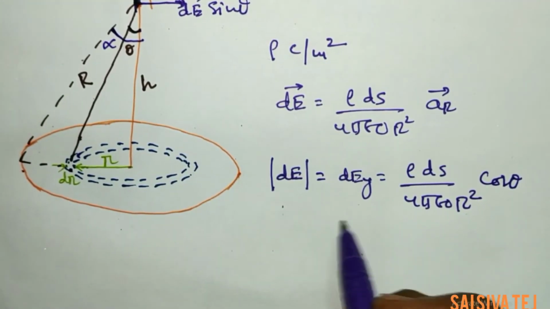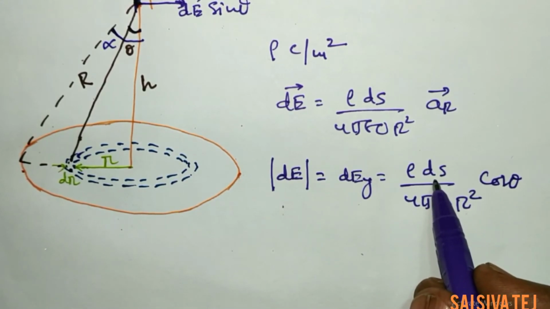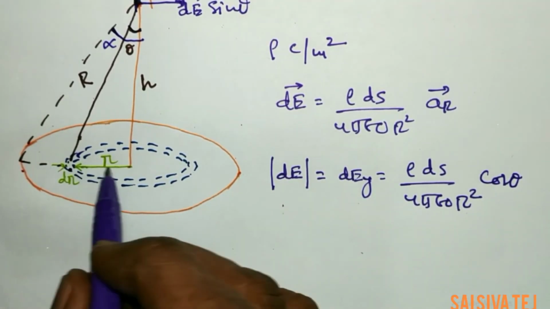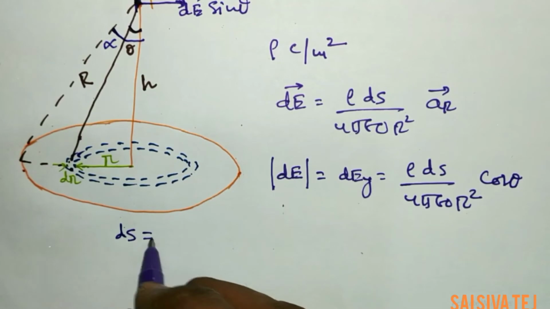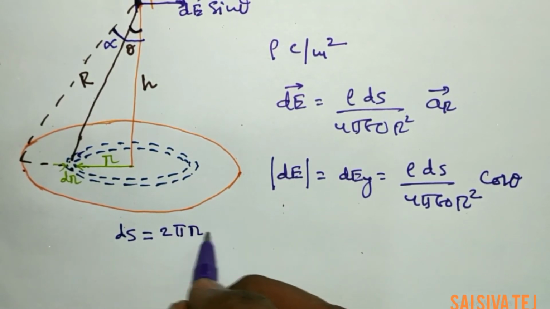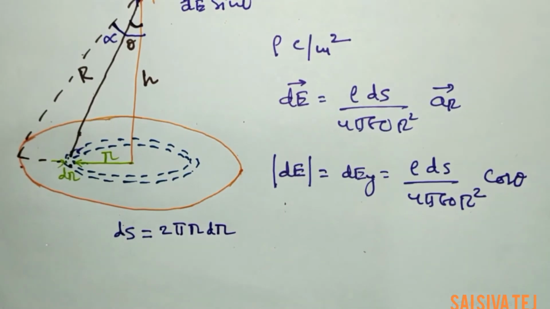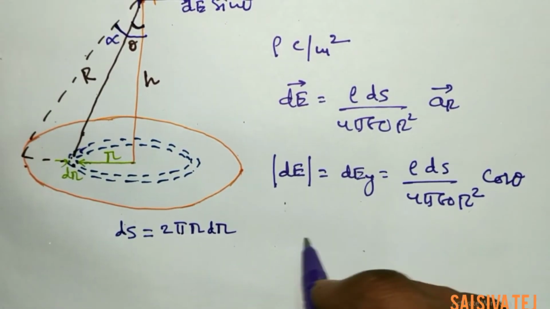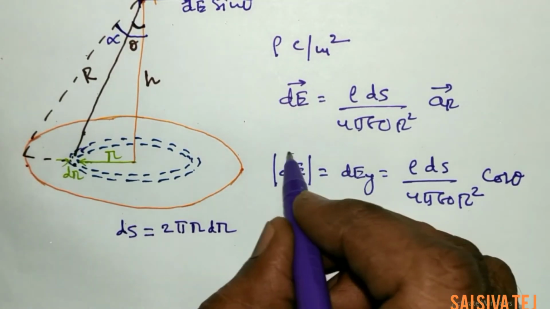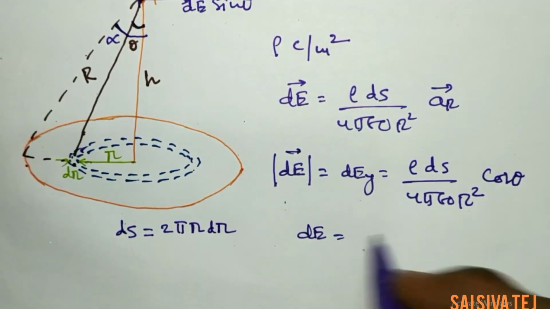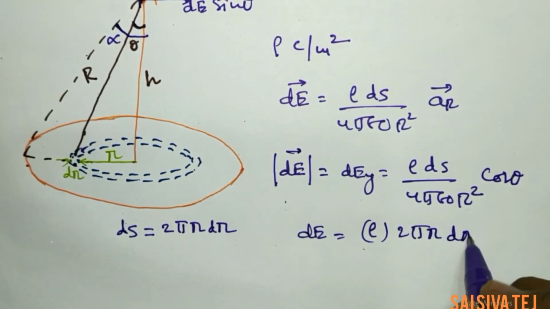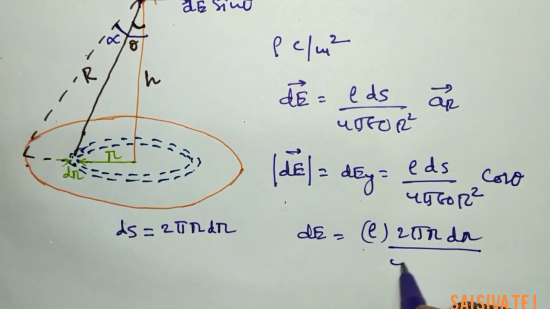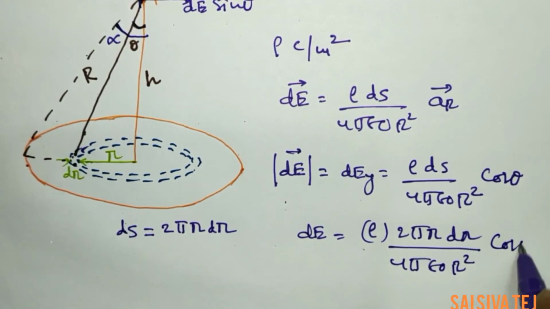Now ds, the differential area of this disk we have considered, has magnitude 2 pi r dr. So if you write down the magnitude of dE, it is equal to rho into 2 pi r dr divided by 4 pi epsilon naught R square cos theta.